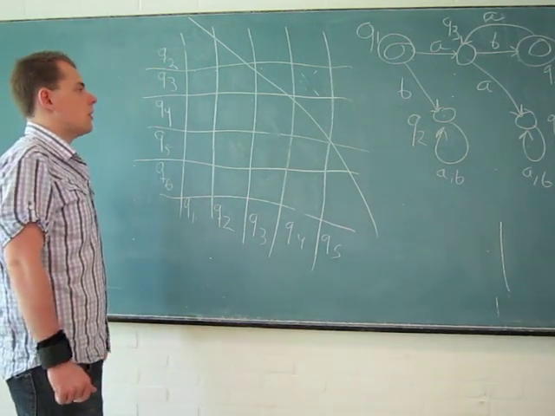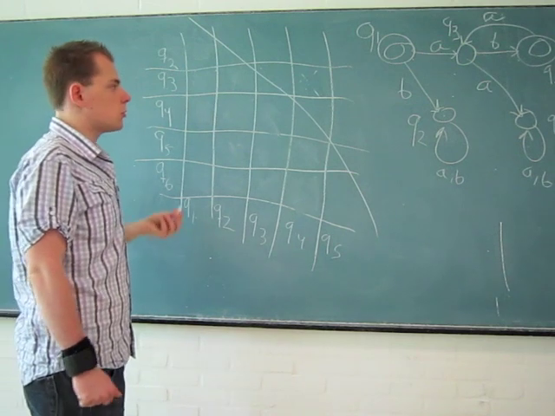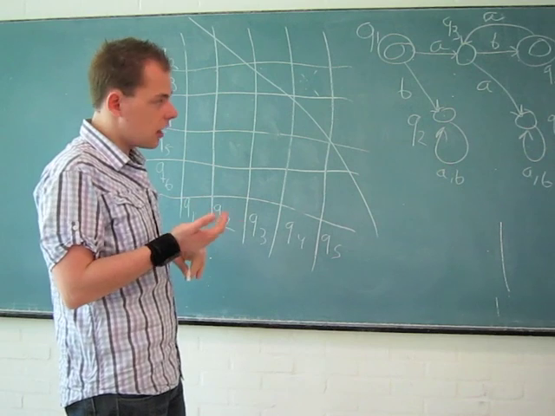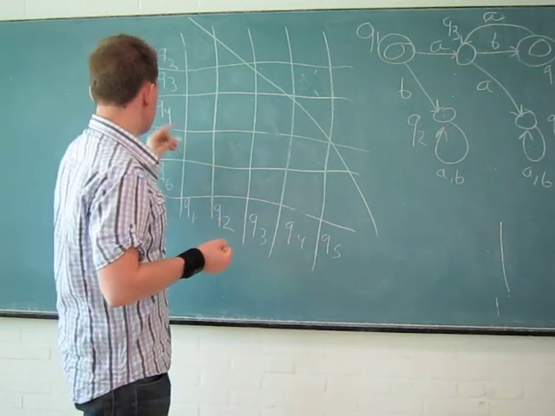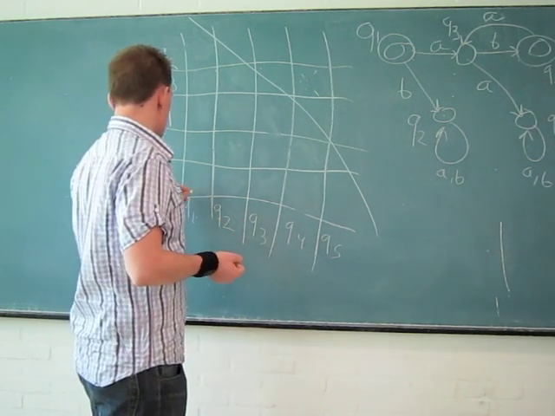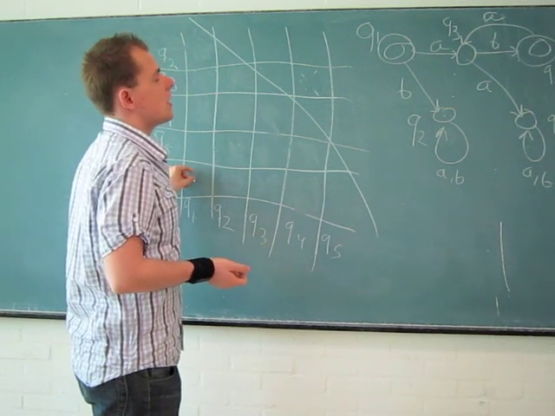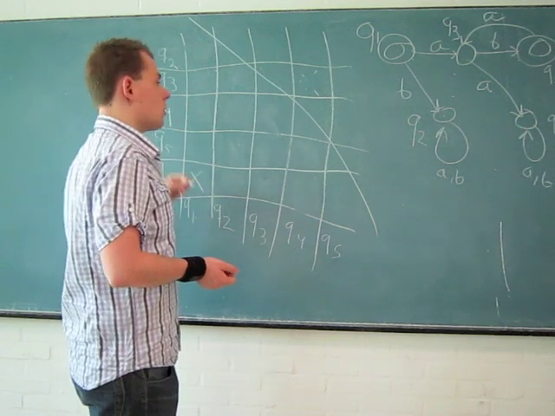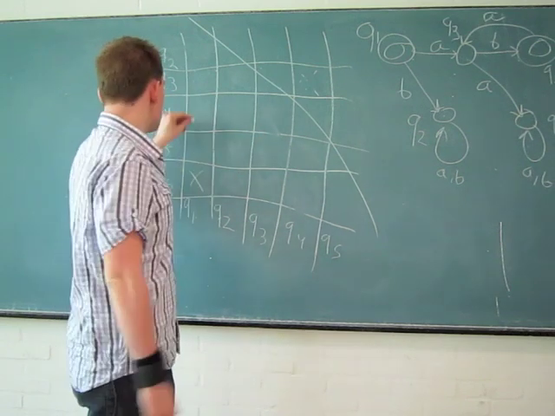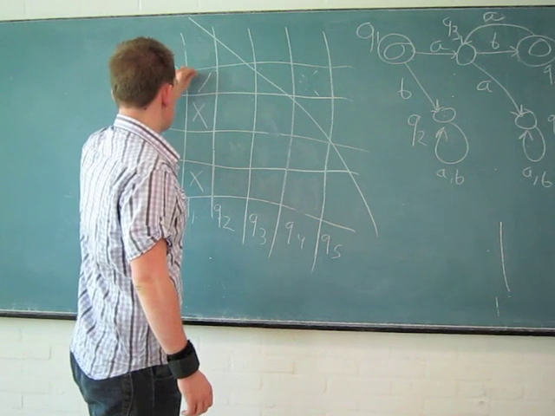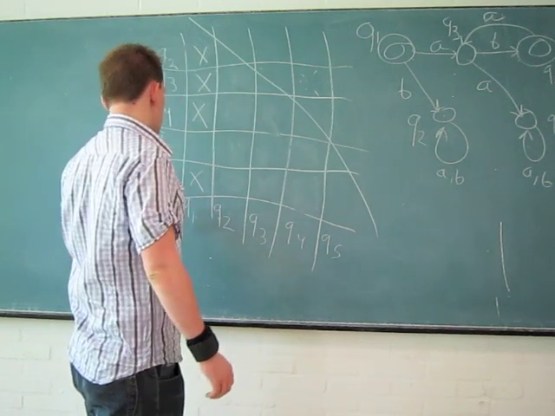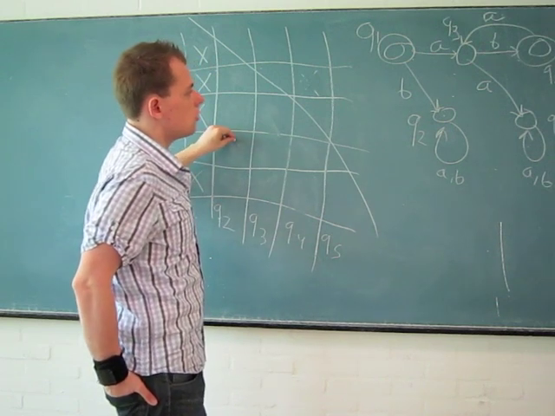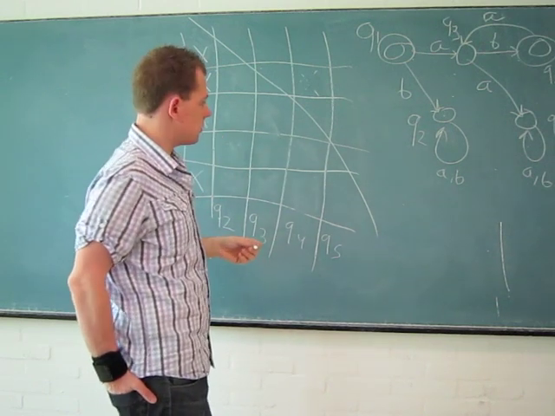Well, let's start by converting it. First of all, the simple rule is that if one is an accepting state and another is not, they are different. So if we look at Q1, Q6 is not accepting, so Q1 and Q6 are different. Q5 is accepting, Q4 is not accepting, so those are different.